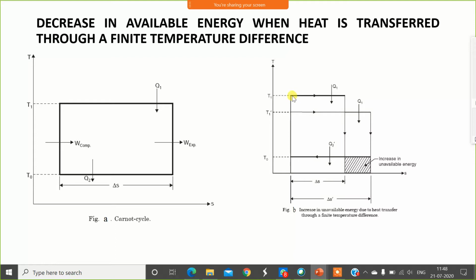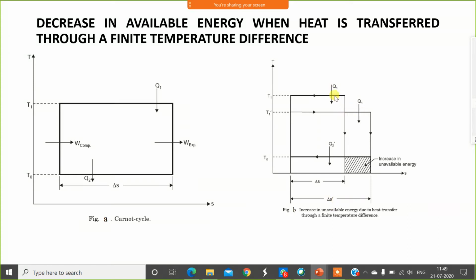Here the heat Q1 is supplied at temperature T1 and change in entropy is delta S. When the heat is supplied at T1 dash at a finite temperature difference, since T1 dash is less than T1, the change in entropy for this process has to be greater than delta S, and for this finite temperature difference, change in entropy is delta S dash.